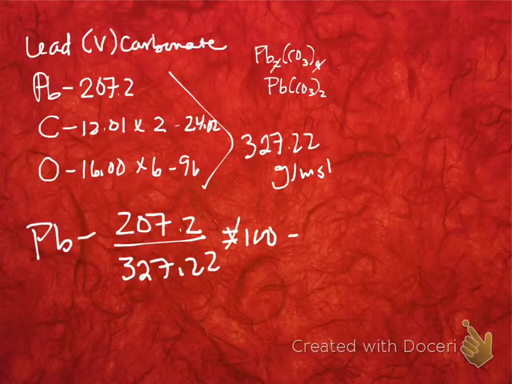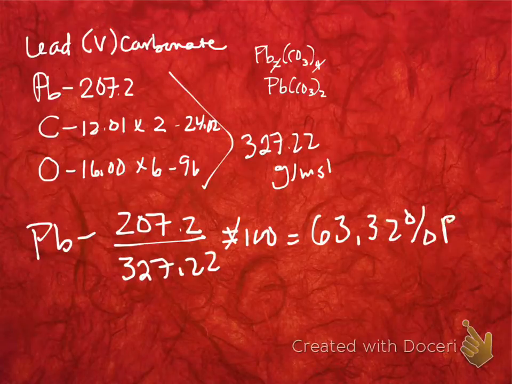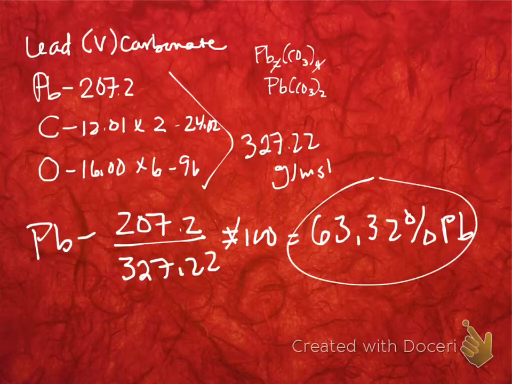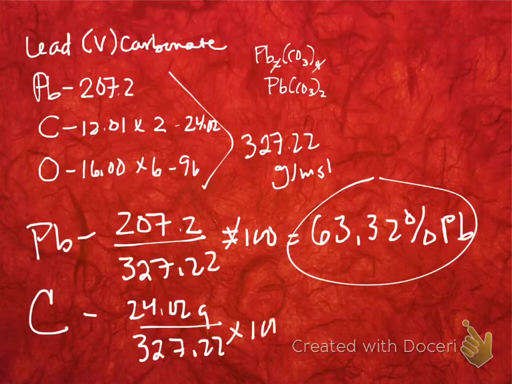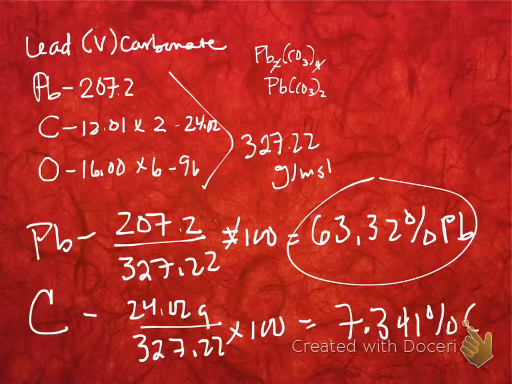We get, and sig fig it, 63.32% lead. For carbon, we have 24.02 grams of carbon in every 327.22 grams of the compound. Once we sig fig it, we get 7.341% carbon.